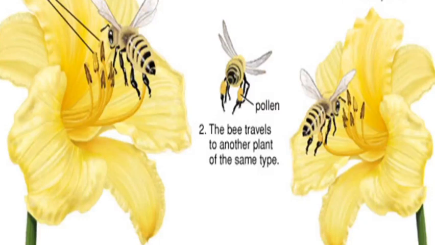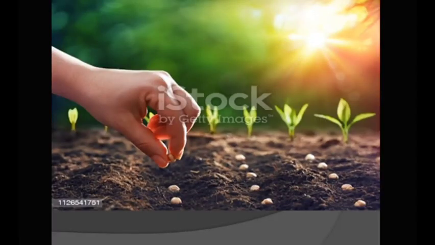When they are taken to another plant of the same type, the pollen grains mix with cells in the new plant to make something which is called seeds. When these seeds fall to the ground, they can grow into a new plant.